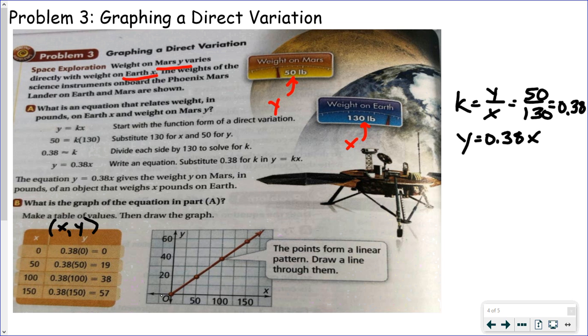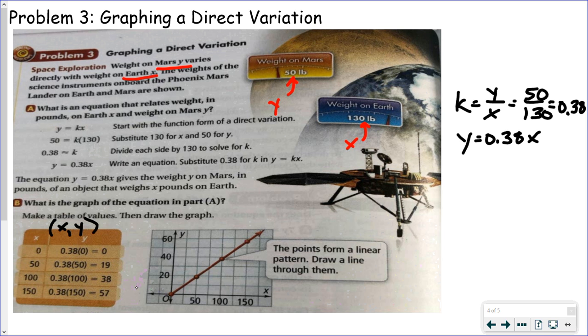The x-axis is here, the y-axis is here. Again, your dependent variable is always on the vertical axis, and your independent variable is on the horizontal axis. So they graphed these points, 0, 0, 50, 19, 100, 38, and 150, 57. And what you notice is that this graph is a straight line.